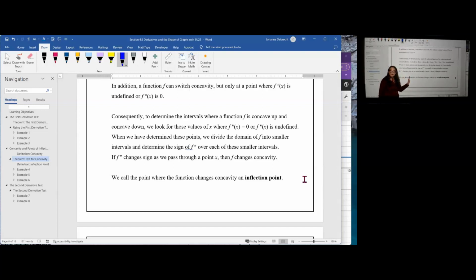This is where it goes from concave up to concave down, or concave down to concave up. This is where the graph changes its curvature. When we were studying the position graph and talking about velocity and acceleration, these inflection points corresponded to places where the acceleration was 0. Again, we have this as an inflection point.